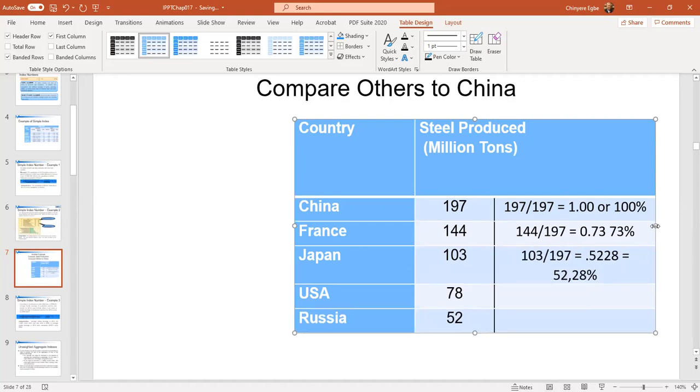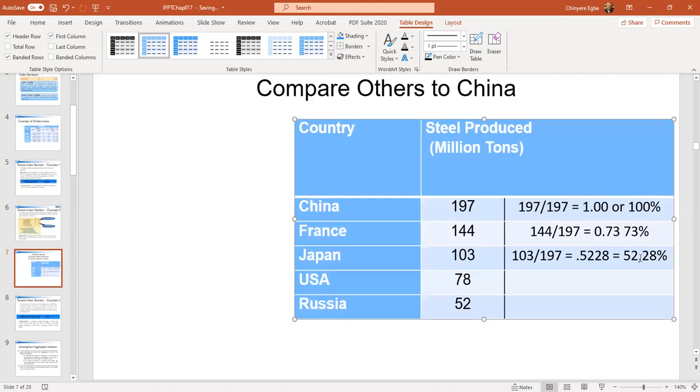All right. So you can do the same for the other ones. Which is 0.3959, 78 to 197 equal to 0.3959 or 39.59%.